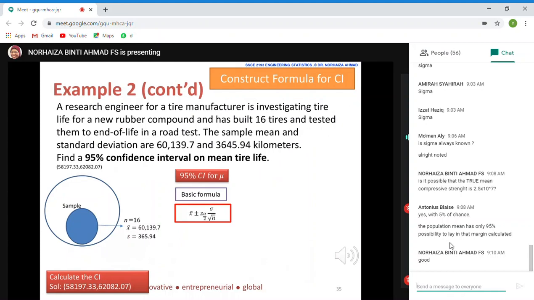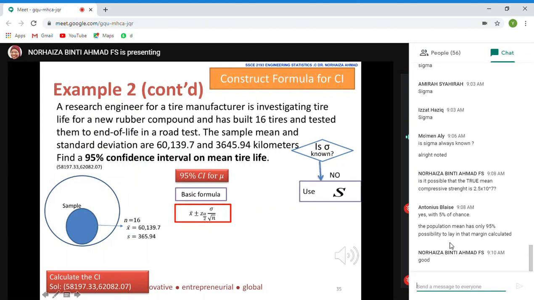So how do you do this? Our mantra is, do we know our population standard deviation? This is your basic formula. Is sigma known? If sigma is known, straight away you use this formula, regardless of the sample size. But in this case, sigma is not known.